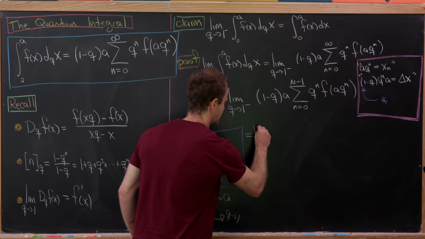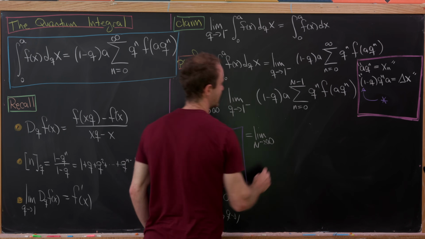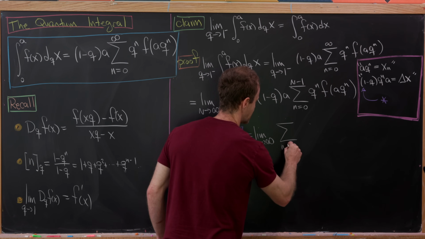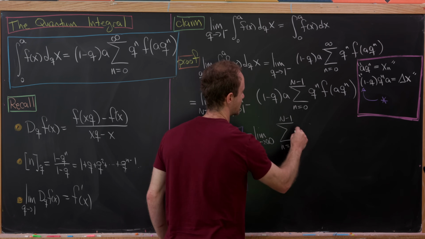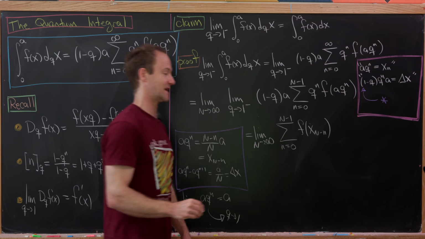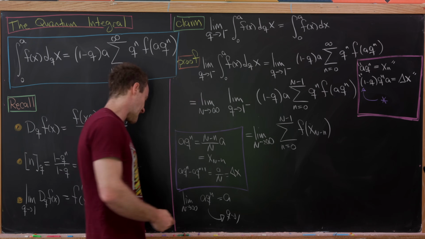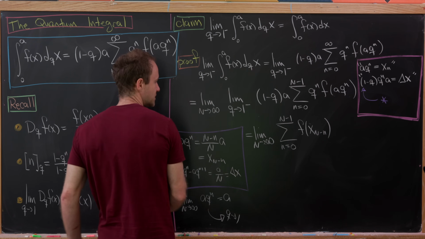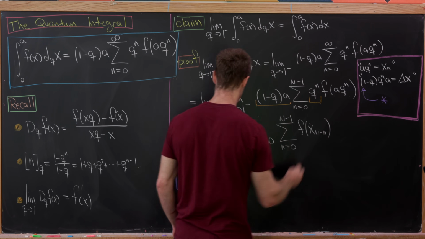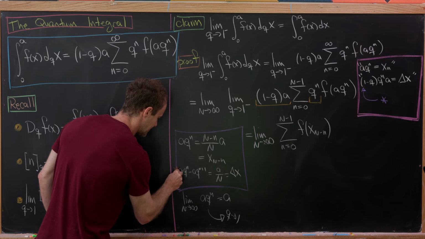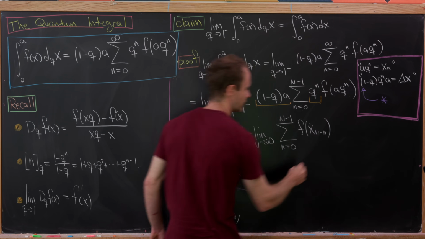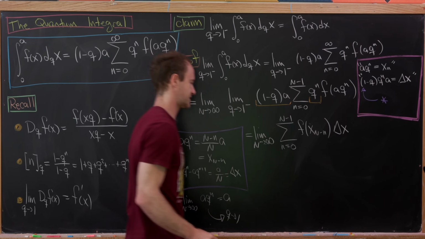Okay, so anyway, let's start writing things down. So this is going to be the limit as capital N goes to infinity of the sum as little n goes from 0 to capital N minus 1 still of f evaluated at x sub (N minus n). And then let's see everything else that's left over. So we've got all of this right here times this q^n. But that's exactly this term right here, which is our delta x. So I'll put all of those together into our delta x.